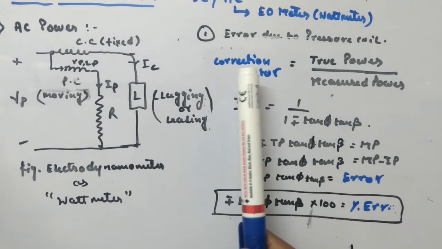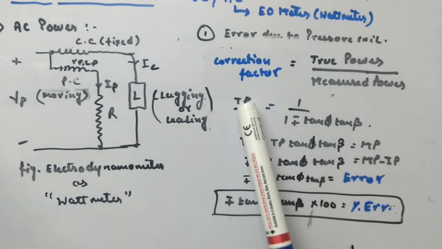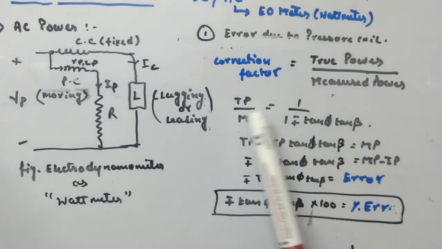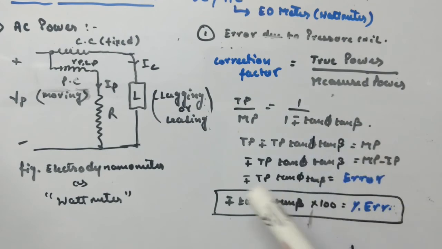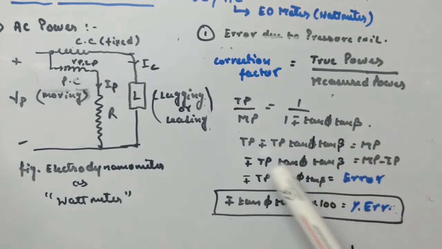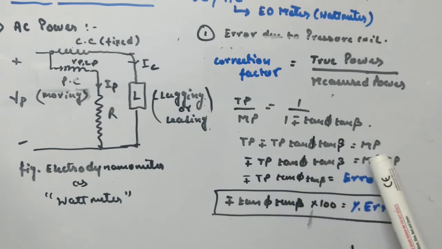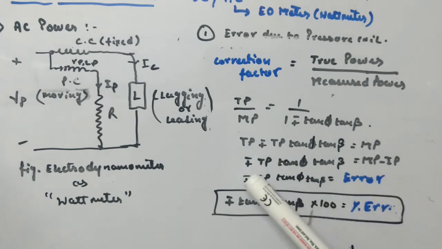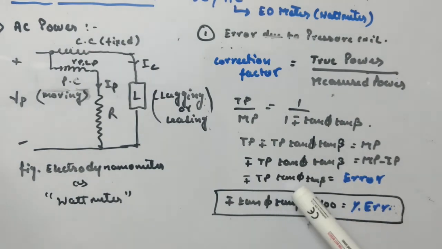Once you have the correction factor, now you can use something called error. Your true power divided by measured power comes out to be 1 upon 1 minus or plus tan phi tan beta. If you cross multiply, you will get Tp minus or plus Tp tan phi tan beta is equal to MP. If you bring Tp to that side, minus or plus Tp tan phi tan beta is equal to MP minus Tp. That is something called error: minus or plus Tp tan phi tan beta.